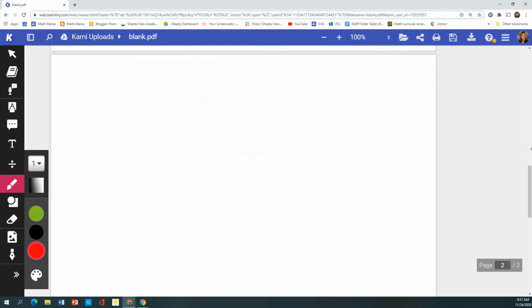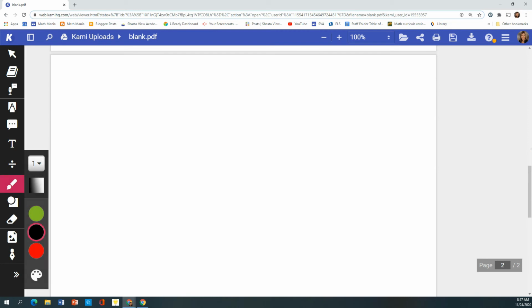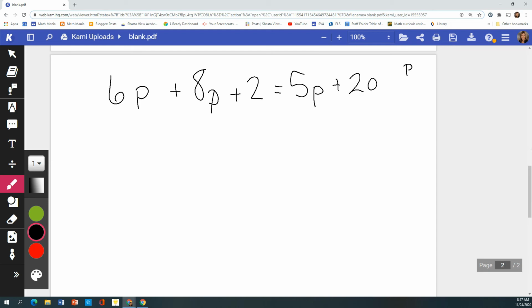Let's write it as 6p plus 8p plus 2 is the same as 5p plus 20. And so remember, our p equals 2. So wherever there's a p, you plug in the 2. So let's do that now. So we replace this p with 2.